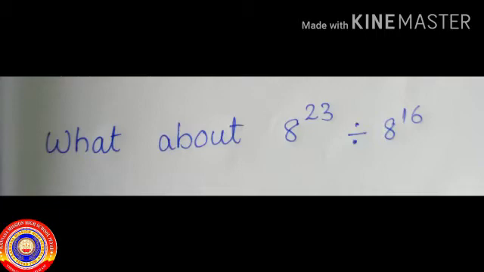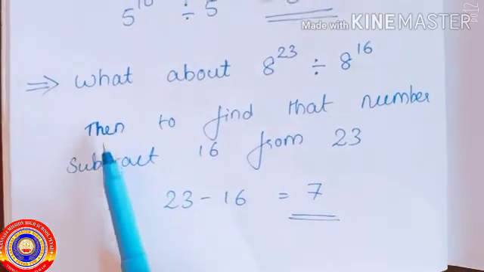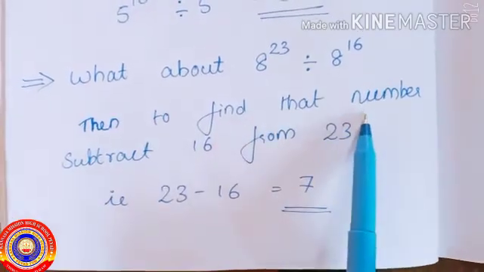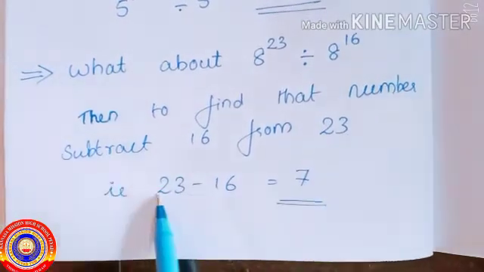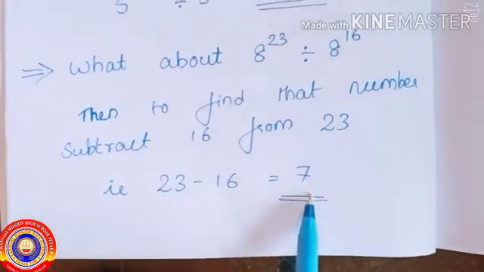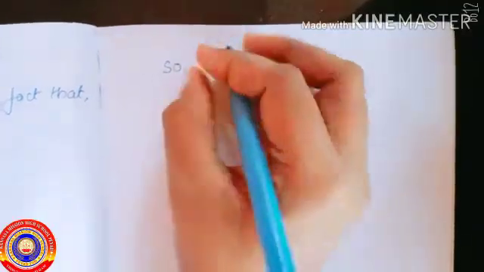Then what about 8 raised to 23 divided by 8 raised to 16? We have to find out what should be multiplied to 8 raised to 16 to get 8 raised to 23. For that, we have to find what we should add to 16 to get 23. To find that number, subtract 16 from 23. That is, 23 minus 16 is equal to 7.